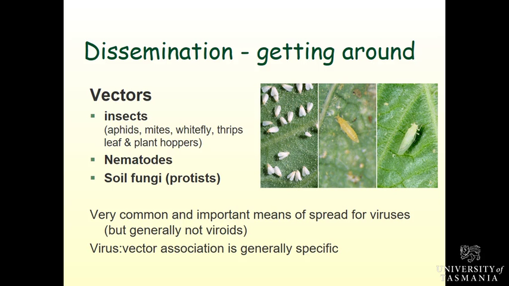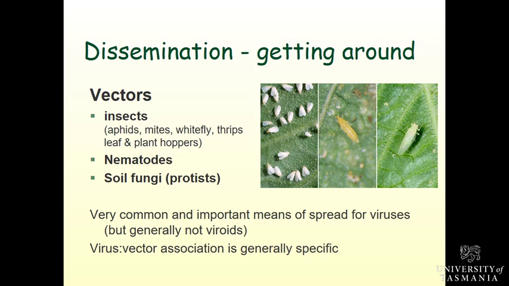They also tend to feed by stylets, where they penetrate into a cell and suck the cell contents. They can become contaminated with the virus, and then they can fly off and deposit that virus somewhere else. Importantly, the association is actually quite specific. It's not just contamination, decontamination. There's actually recognition.